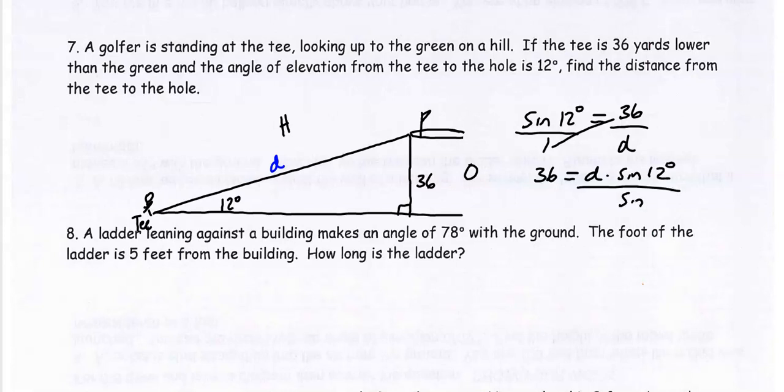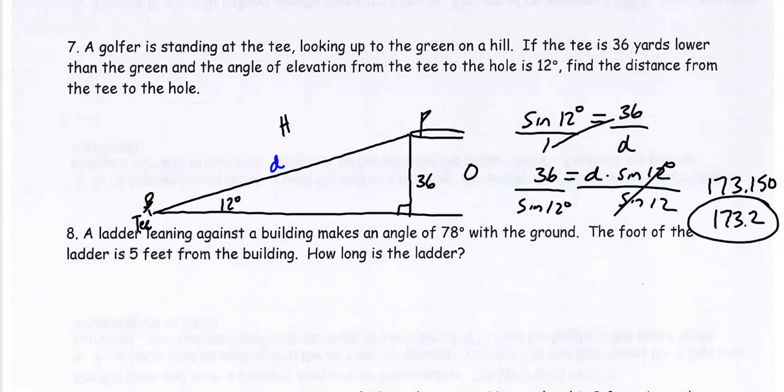Divide by sine 12. Divide by sine 12. You gone. 36 divided by the sine of 12 is 173.150. So we'll call that 173.2.